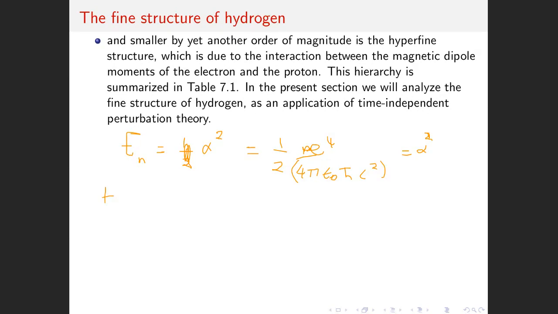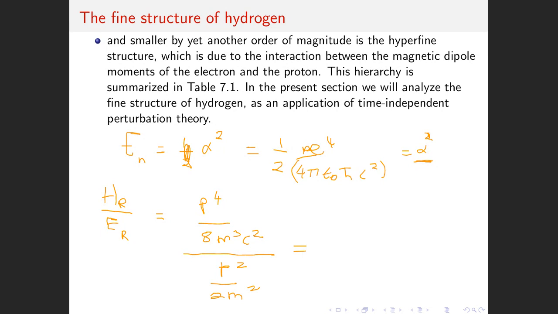Now you have to compare the other corrections. The first correction will be the relativistic correction, in comparison to this one, right? So this correction gives you p to the 4 over 8 m cubed c squared, divide this by p squared over 2m, simplify everything.